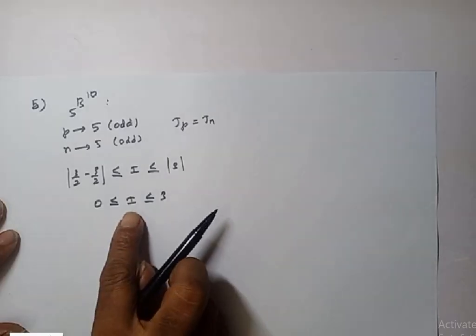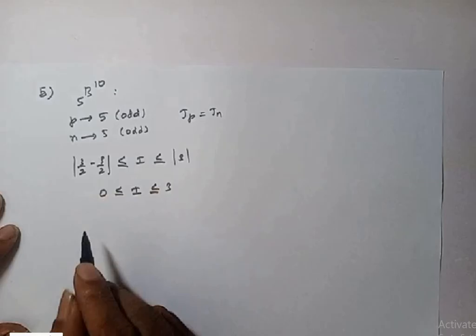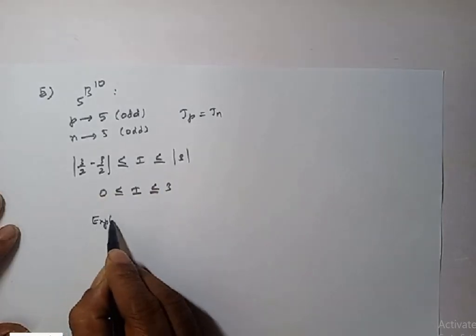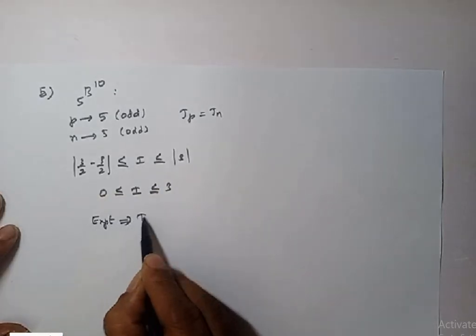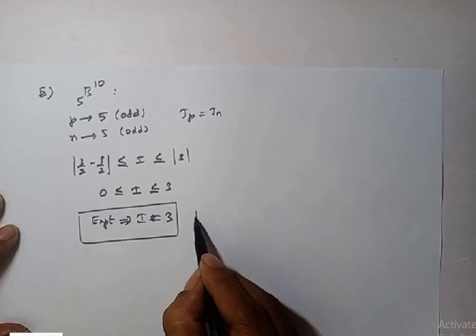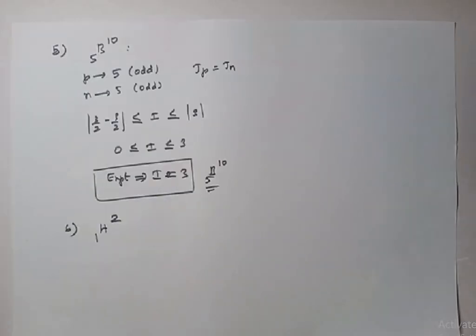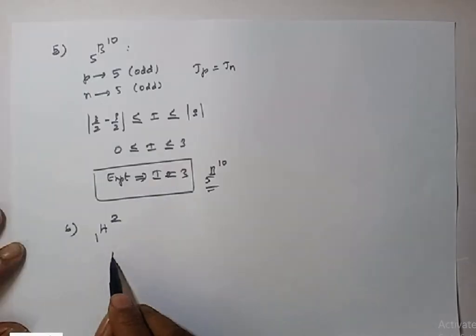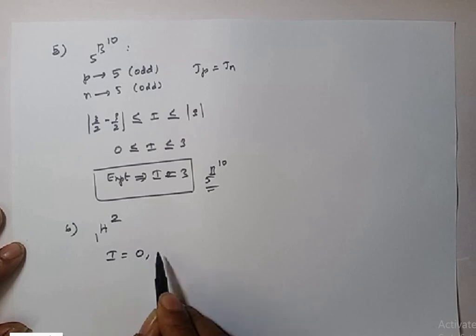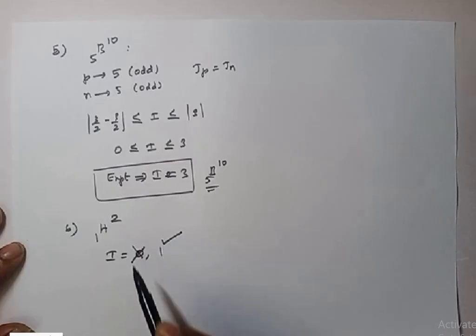I can take any value from 0 to 3, and experimentally it was found that the I value is 3 for B-10. For deuterium, the possible I values are 0 or 1, but experimentally it was found that the I value for deuterium is 1. It's not 0.